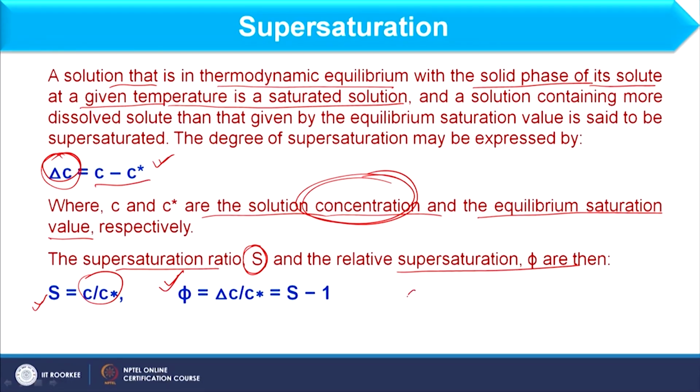So you can consider C minus C star divided by C star, which is nothing but S minus 1. A simple derivation. In that way you can relate relative supersaturation and supersaturation ratio, right.